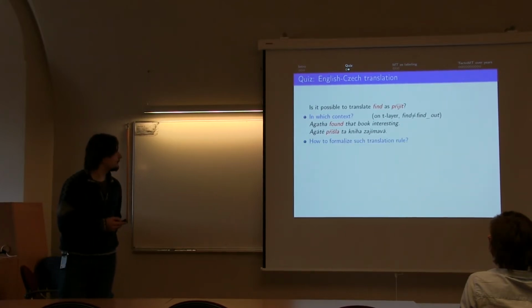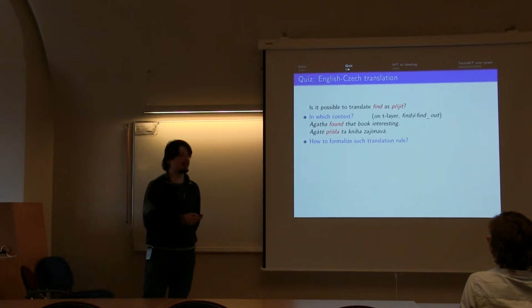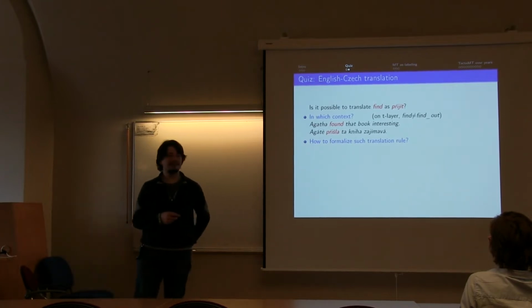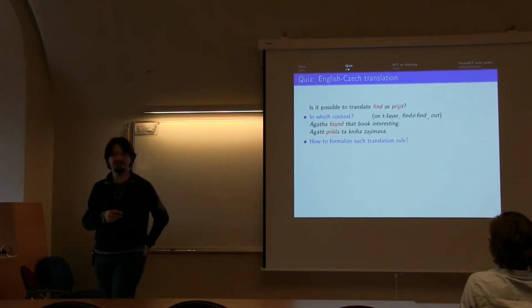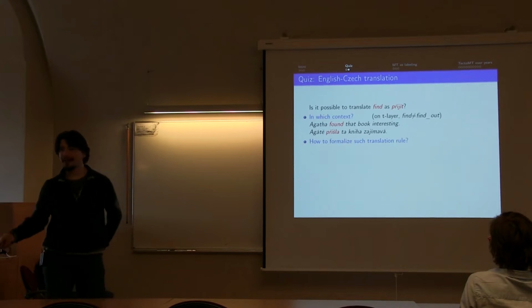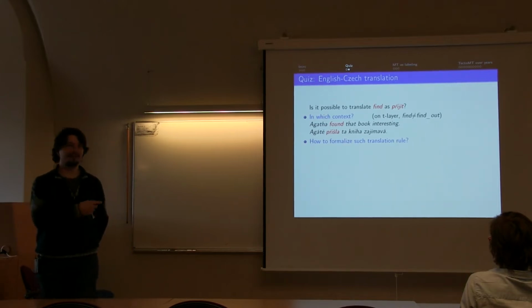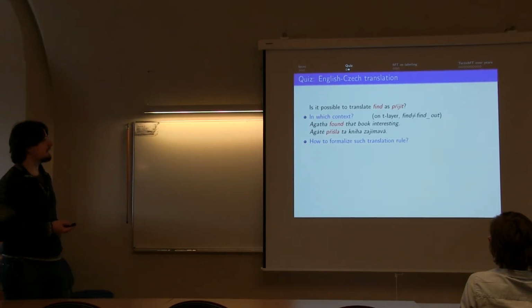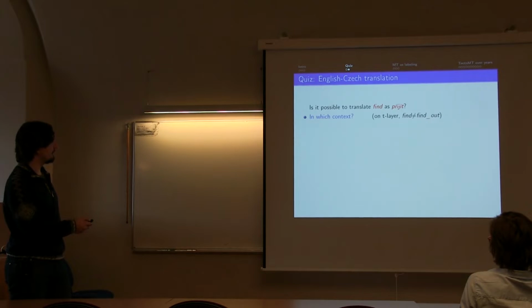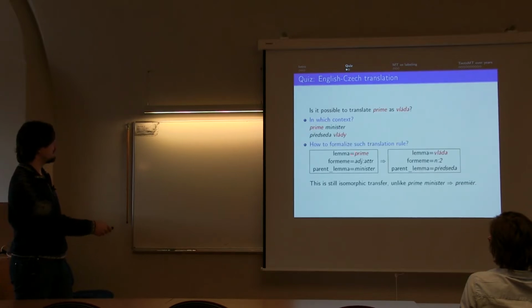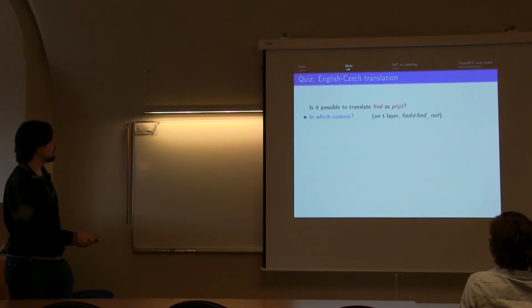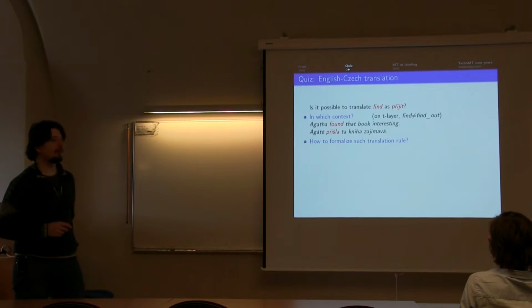So how to formalize this translation rule if we want our system to be able to translate this in this way? Of course, you know there are other possible translations, but what would we need to say when you remember here these two boxes? So what should be there now?